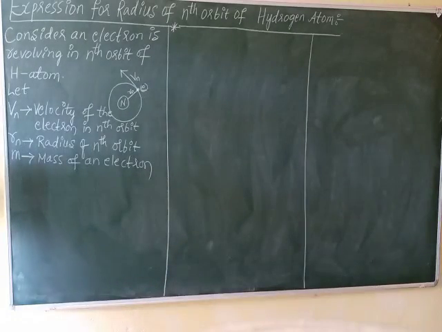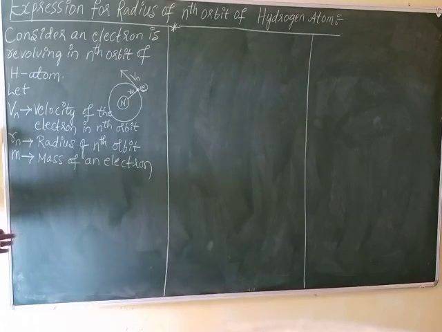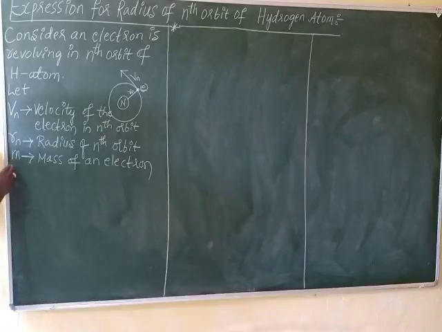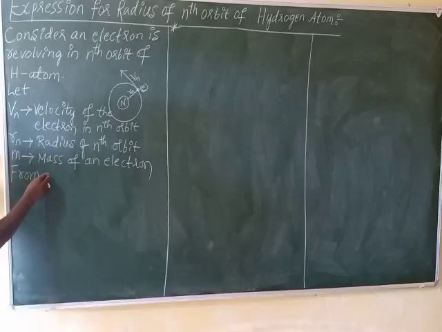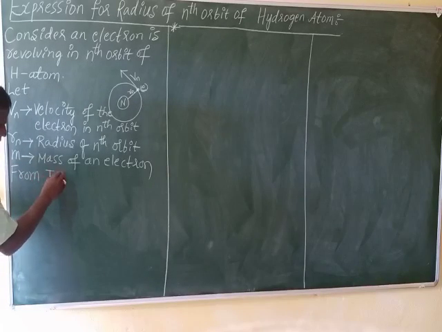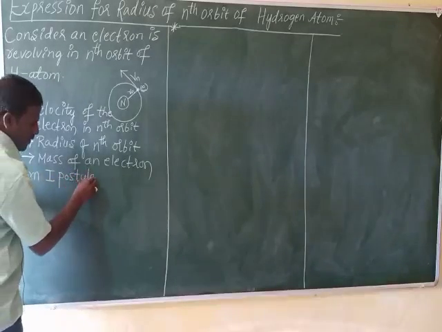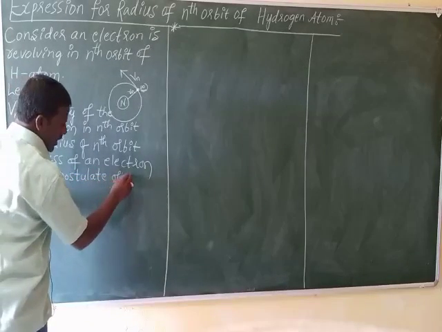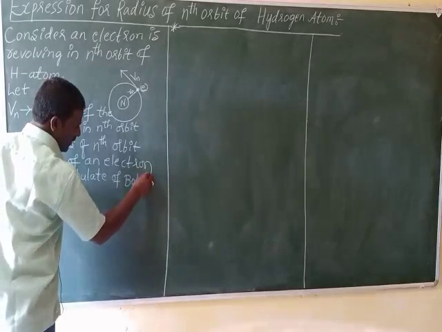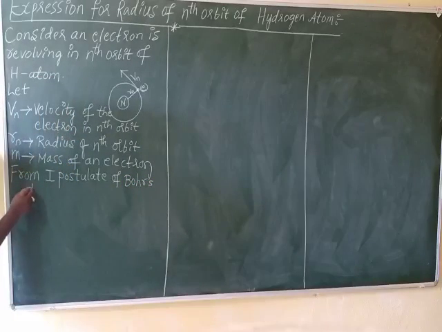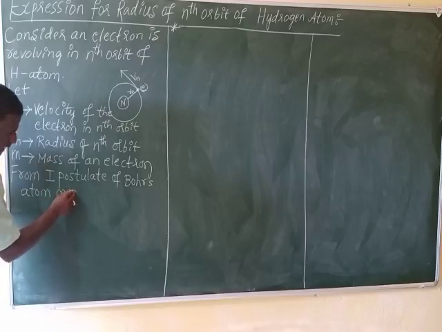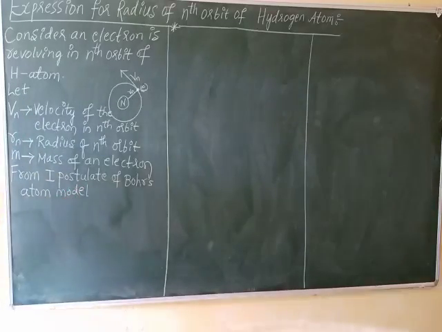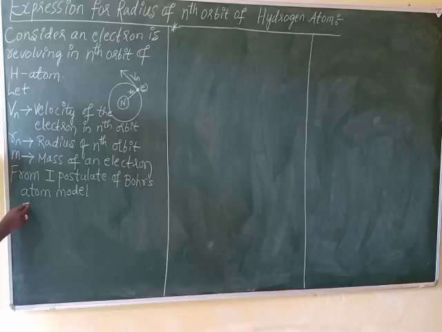Now, the radius of the nth orbit of the hydrogen atom is calculated using Bohr's postulates. From the first postulate of Bohr's atom model, we can write Fe equals Fc.